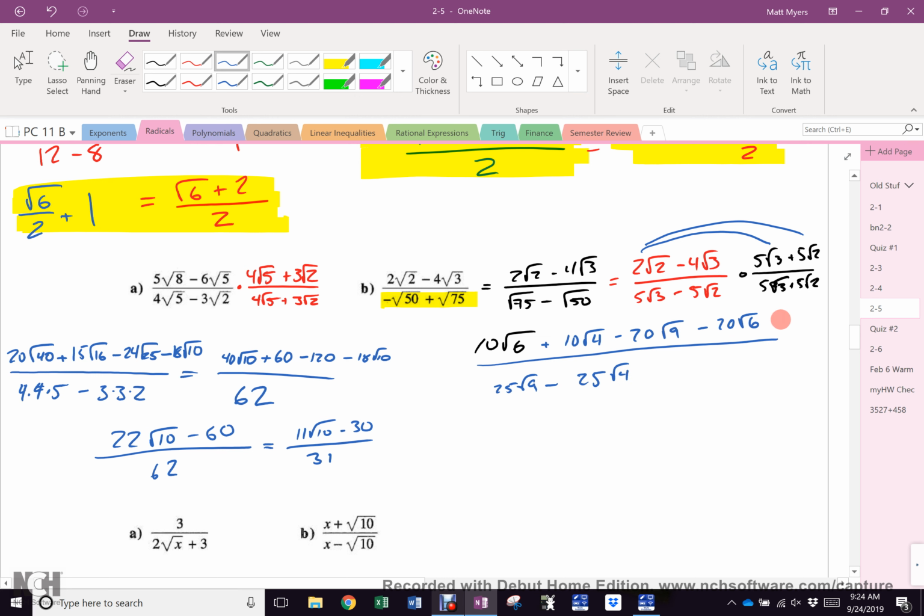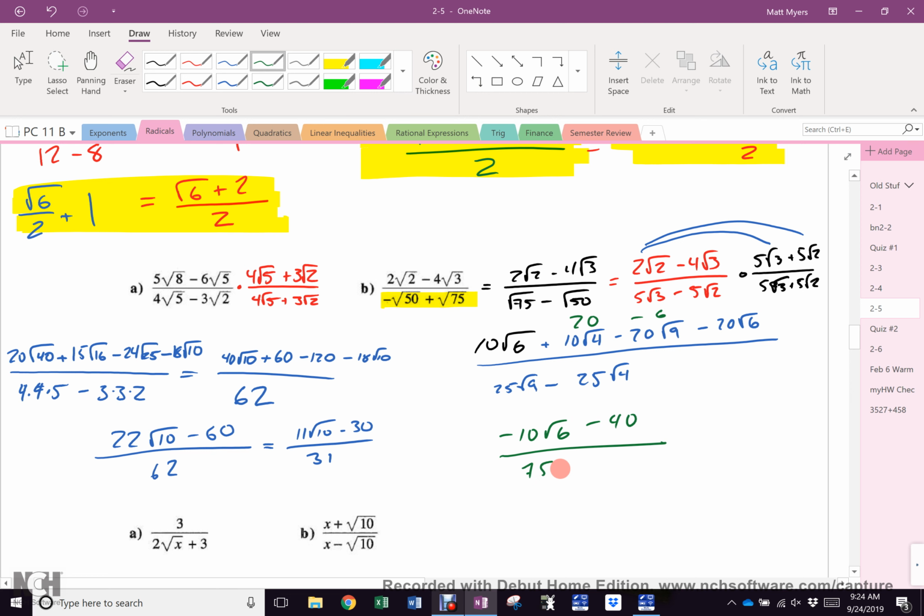Then I tidy up. 10 root 6 minus 20 root 6, well, that's easy. Negative 10 root 6. 10 times the root of 4, which is 2, that's 20. 20 times 9, which is the root of 3, is minus 60, so that's minus 40. Over 25 times 3 is 75.